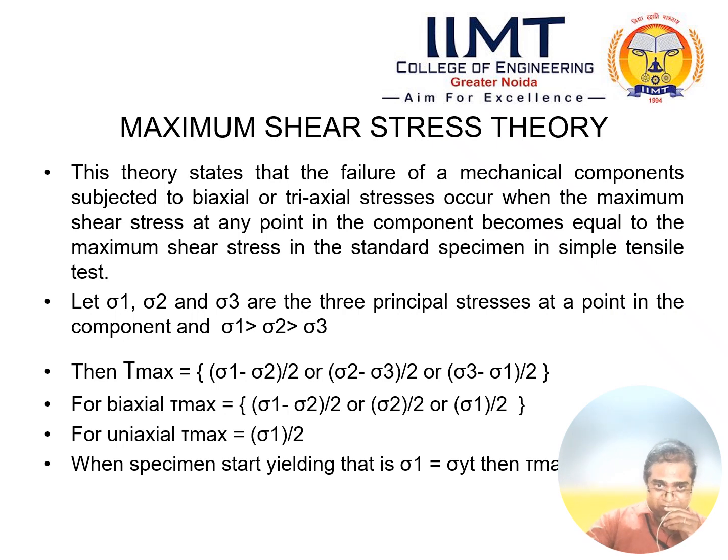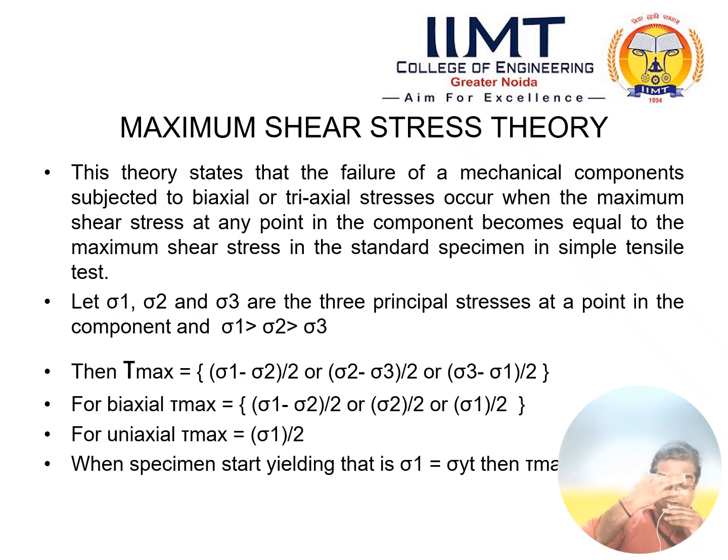For this triaxial stress system, it is (sigma 1 minus sigma 2) by 2, or (sigma 2 minus sigma 3) by 2, or (sigma 3 minus sigma 1) by 2. These are the three shear stresses, and among them, whichever is maximum, we have to compare with the standard specimen test.